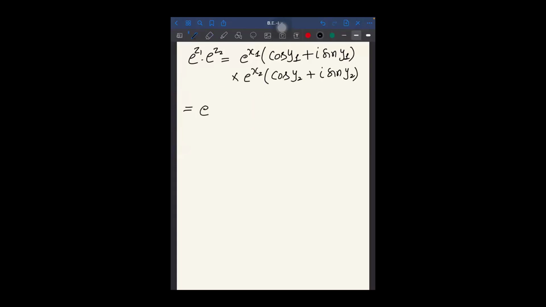The real part is e^{x1} e^{x2}, and you have (cos y1 plus iota sin y1) into (cos y2 plus iota sin y2).